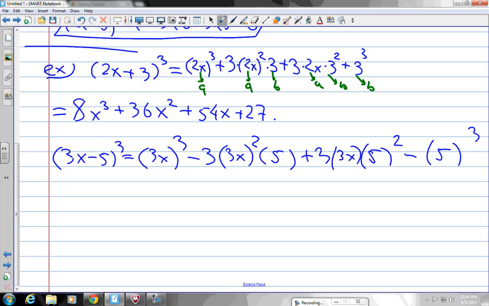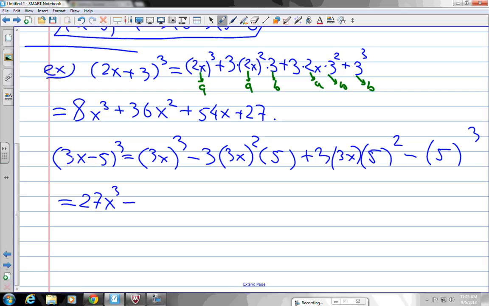And then evaluate that. Here you might have to use a calculator because those numbers get a little large. That's okay. But 3 cubed is 27, so 27x cubed, right? Now that middle number is going to be a little harder to do. What? 405? I don't know. Yeah, 135, I think.